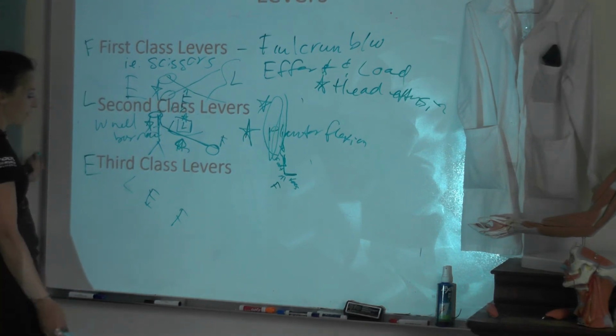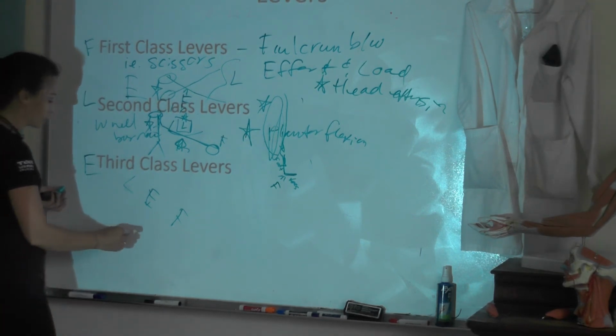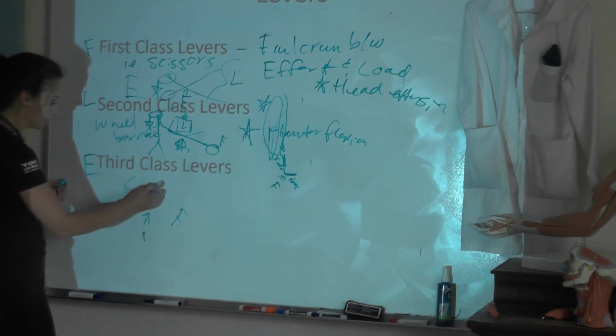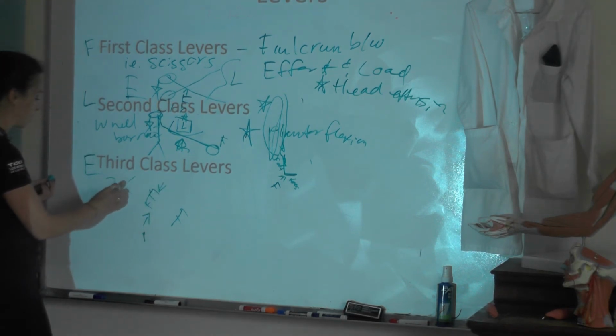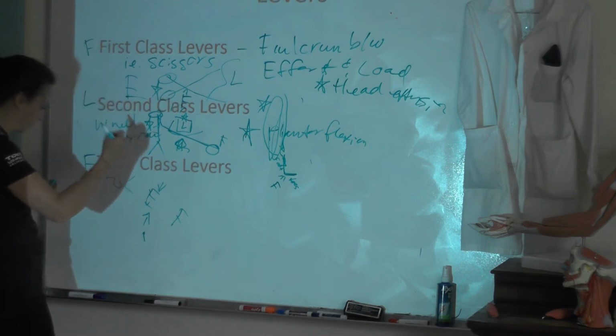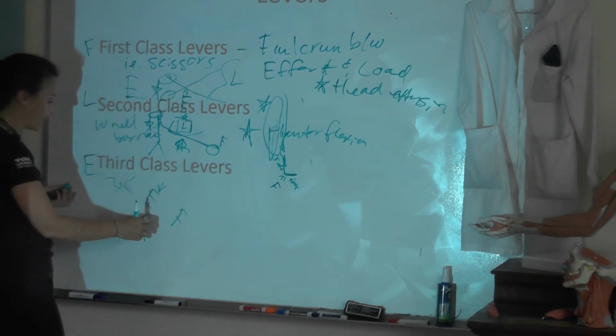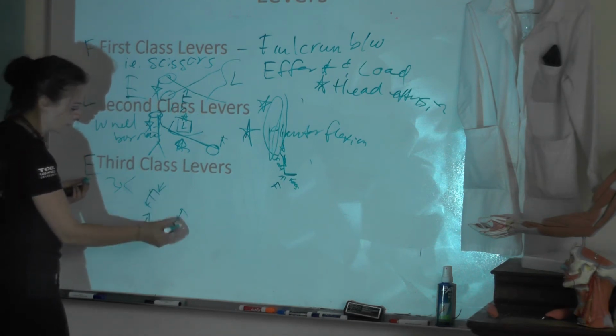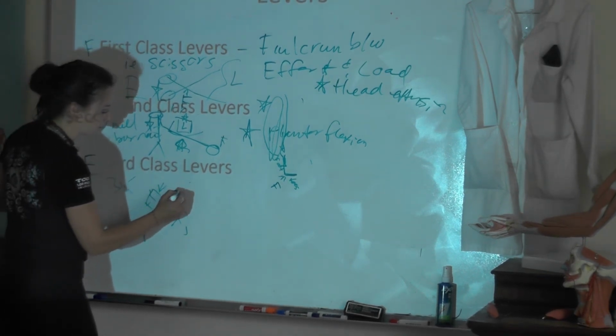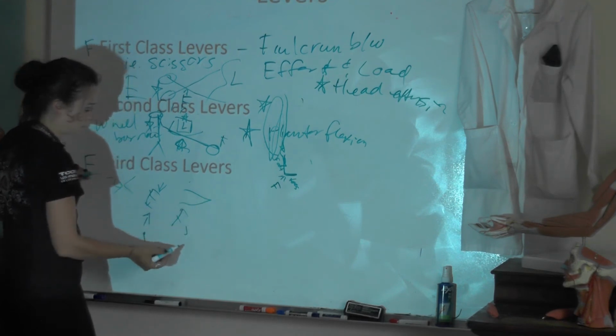So the real life, everyday example is tweezers. So the effort is you squeezing in on the tweezers. The load is that big old Gandalf eyebrow you got to pull out of your forehead. And the fulcrum is the pivot point on the end of the tweezers. So let's just imagine that. Here's my tweezers, right?